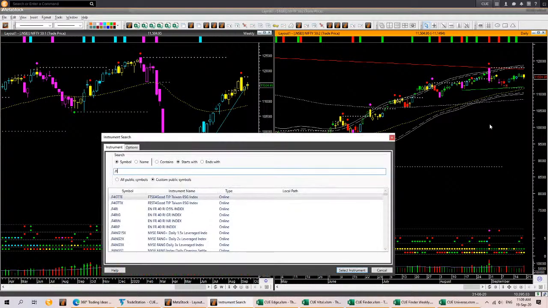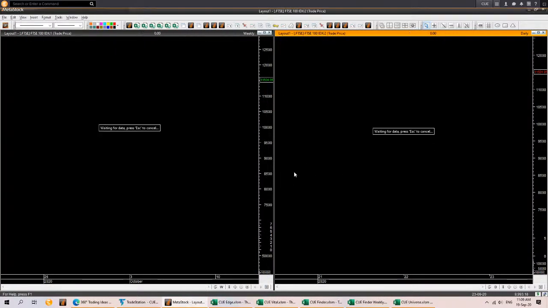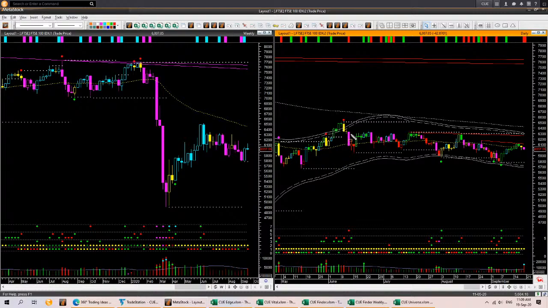Now FTSE index, UK market. This was also moving sideways and that sideways move is continuing. Therefore, what we are seeing for many weeks is that the global markets are moving sideways except the Indian market, which is in an uptrend.